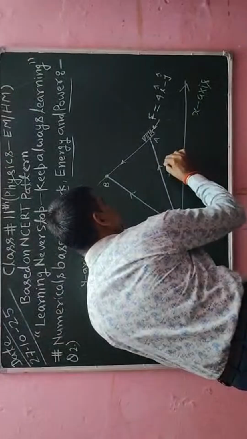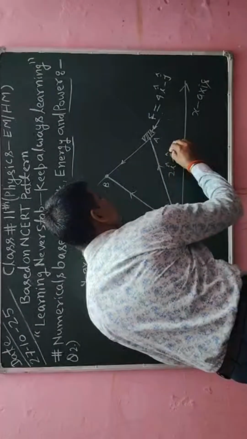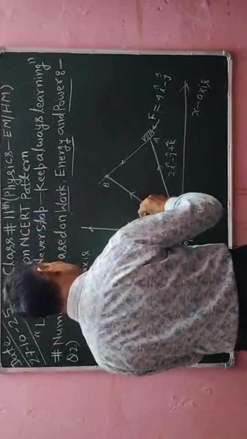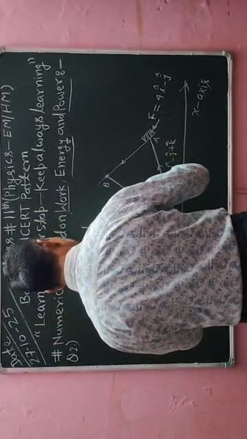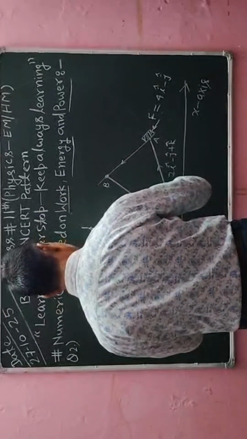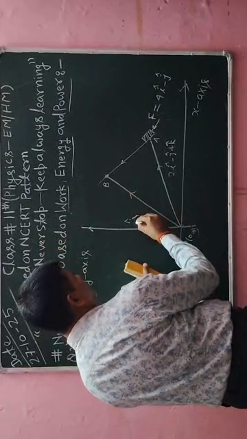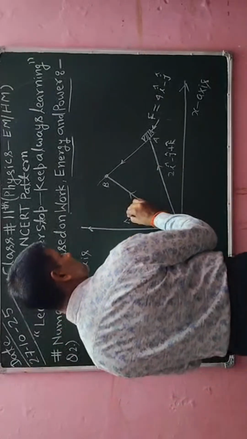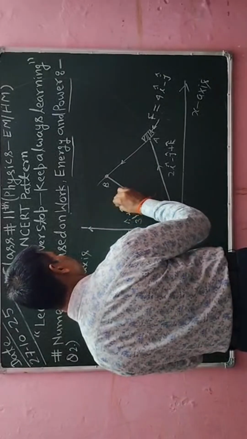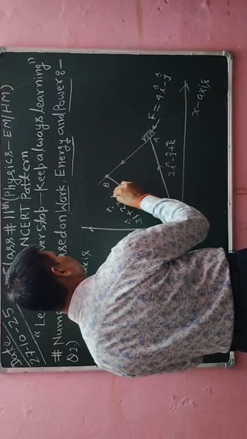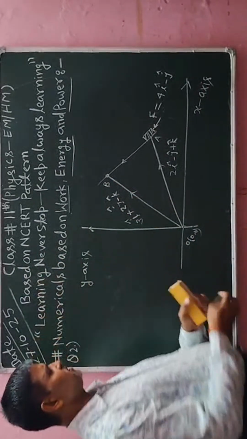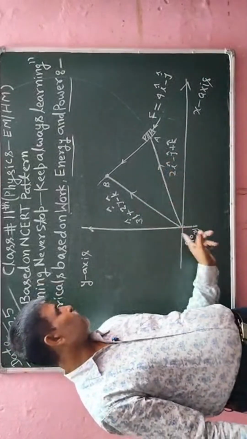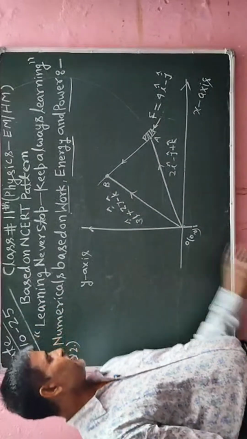Suppose 2i minus j plus k is a vector, and another vector is 3 vector i cap plus 2 vector j cap minus vector k cap. It means two position vectors are given here. One is OA and the other is OB.